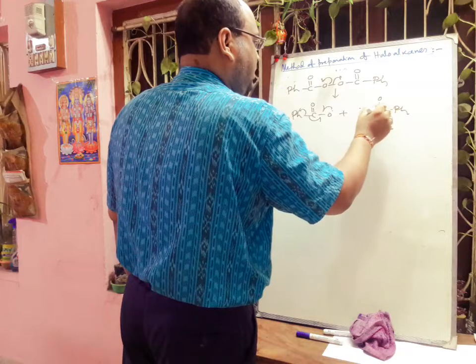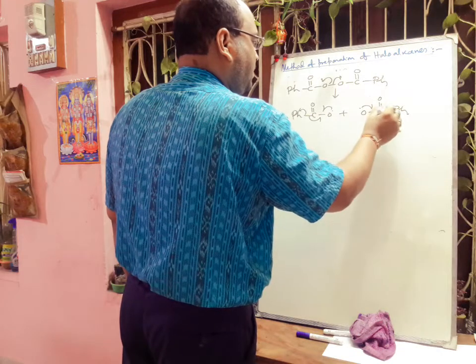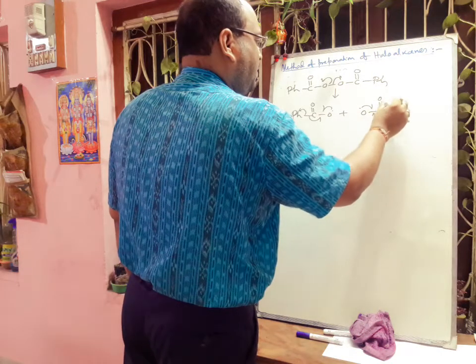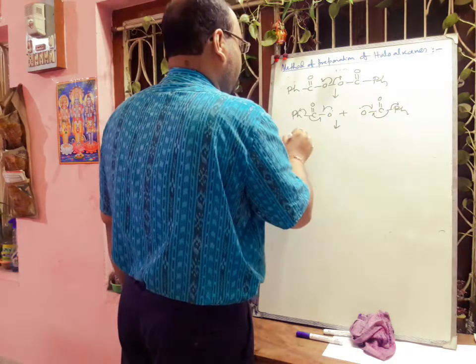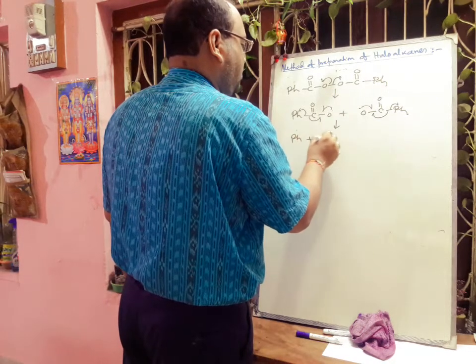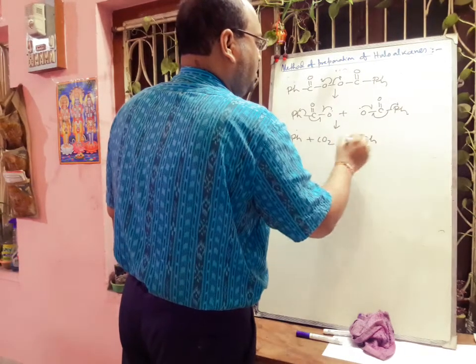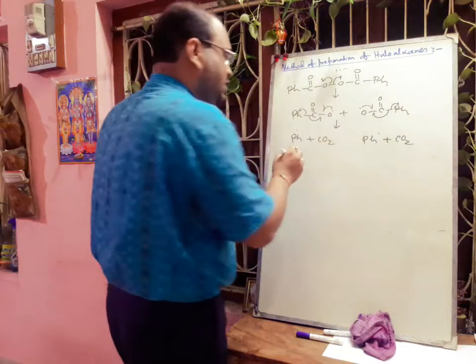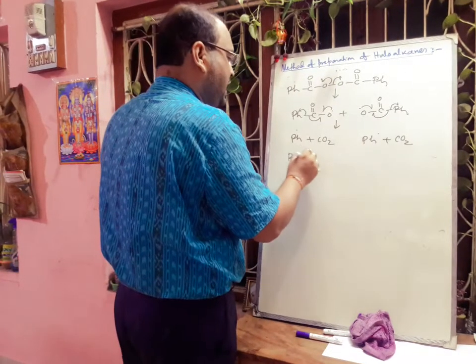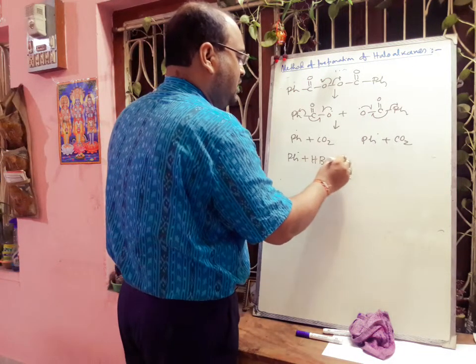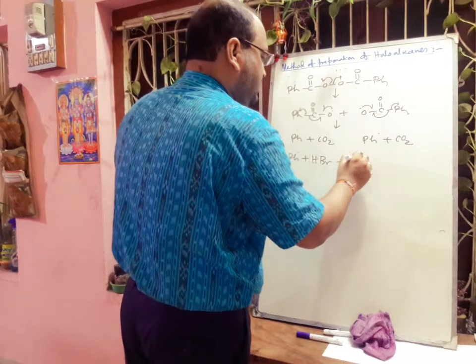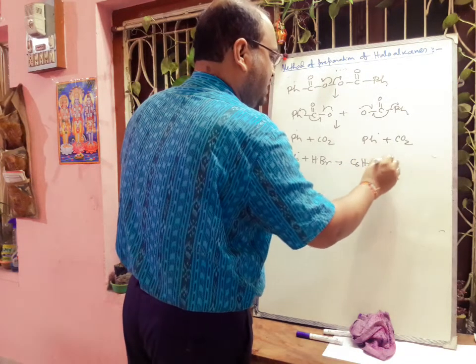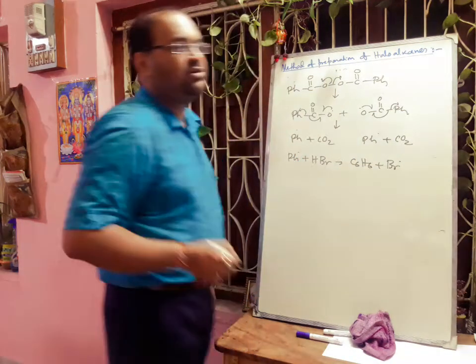Here also the same thing: Ph dot plus CO2. Now this is the initiation. So Ph dot will react with HBr, forming C6H6 benzene plus Br dot. And this step is called the initiation step.